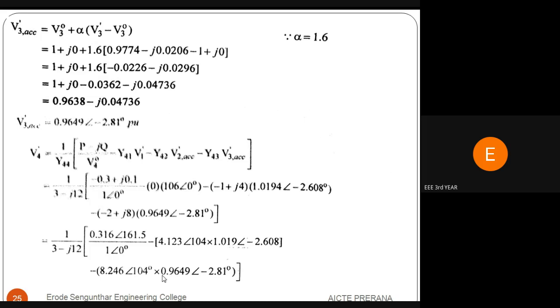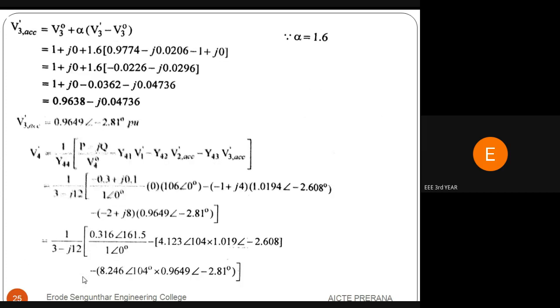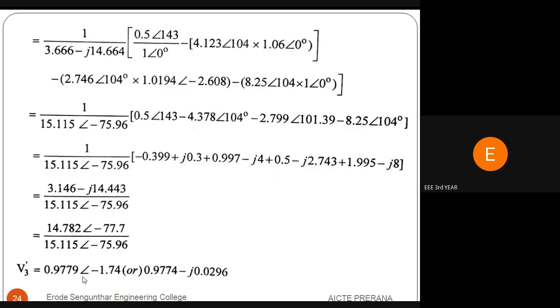After finding it, we have to calculate the V3 accelerated. The V3 accelerated value is V3 old plus alpha times (V3 new minus V3 old). The V3 old value is 1, and the V3 new value is found as 0.9779 at an angle of minus 1.74 degrees.